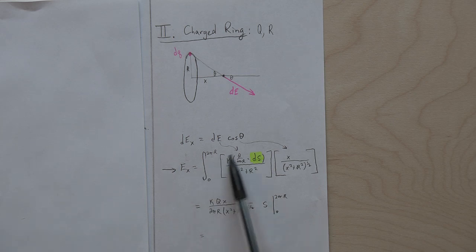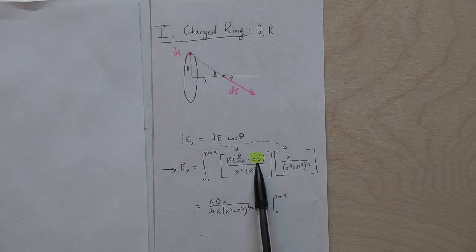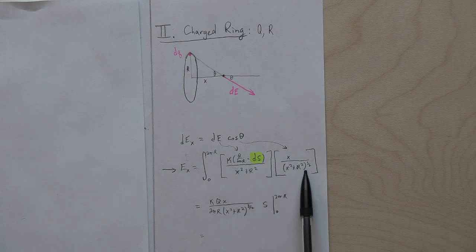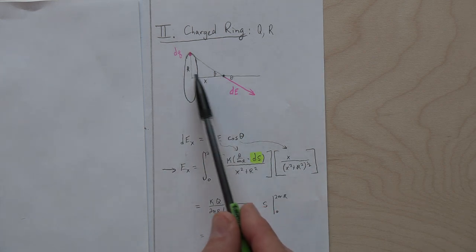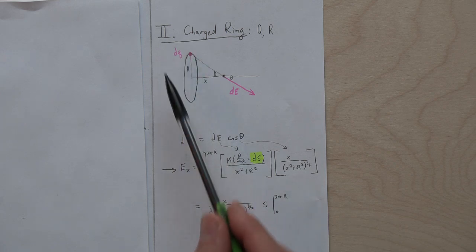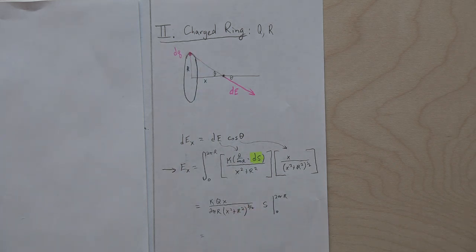And then we look at this and ask, what are we integrating with respect to? We're integrating around the ring, the arc length. And all these other variables are constants: x, R, no matter what part of the ring we're at in our integration. So all these variables, except for the highlighted ds, come out of our integral. I collected them all here, and then ds becomes s, the easiest integral you can make.